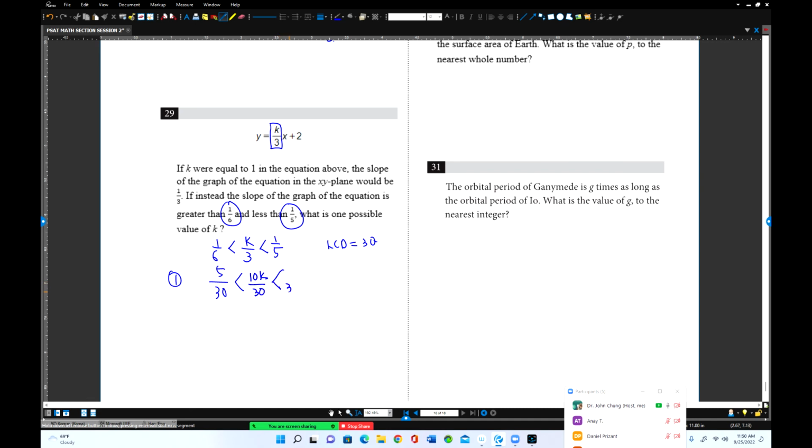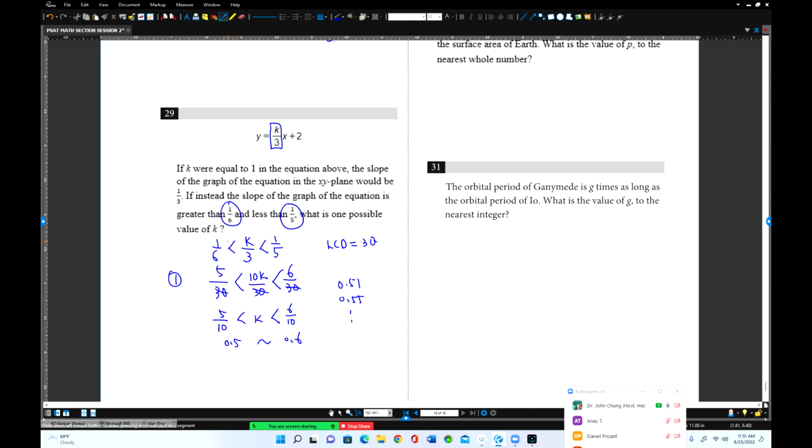This is times 6, so 1/5 is 6 over 30. The common denominators cancel out. 10k is between 5 and 6. You can divide both sides by 10. Divided by 10 is 5 over 10 and 6 over 10. This is 0.5 and 0.6. Okay, you can use any number, 0.51 or 0.55 or any number.